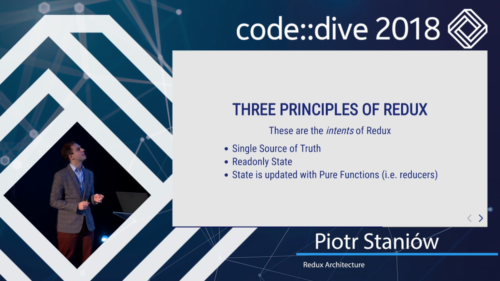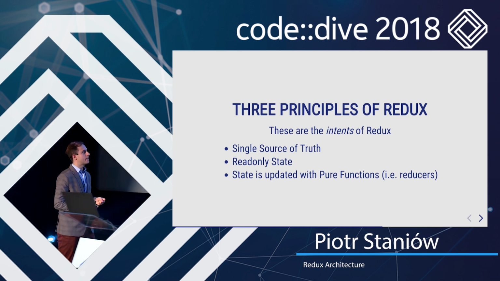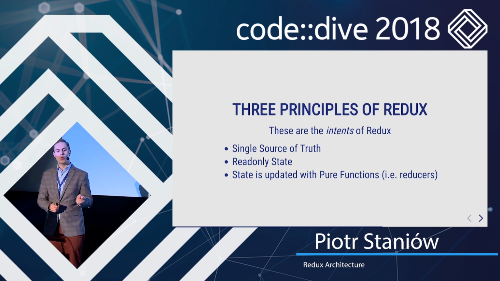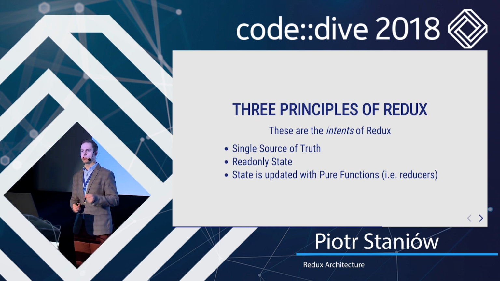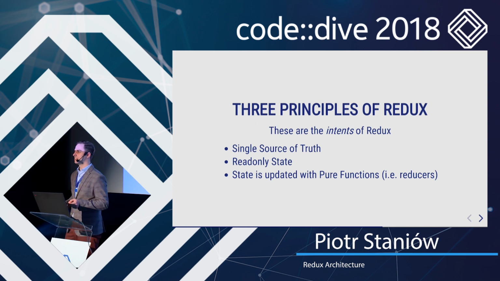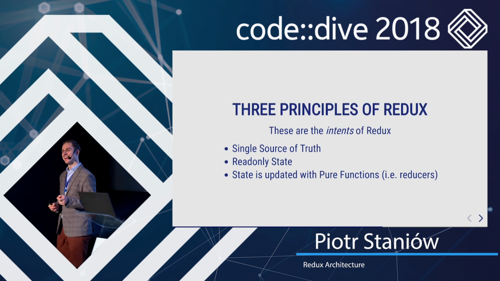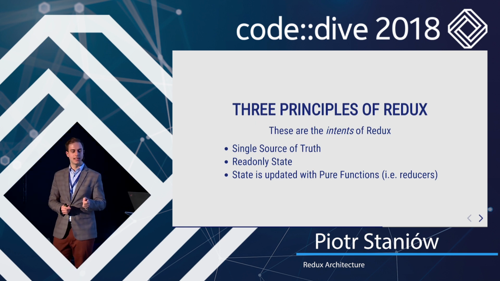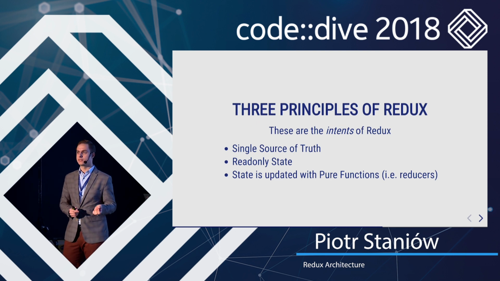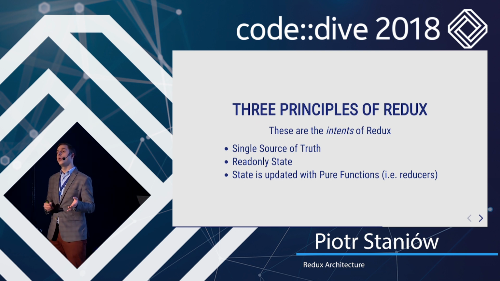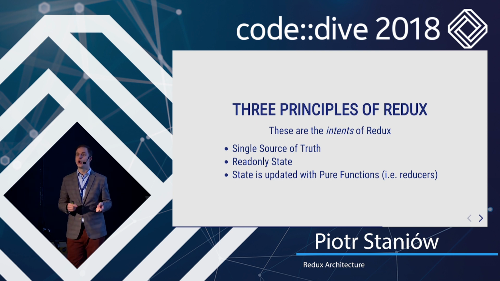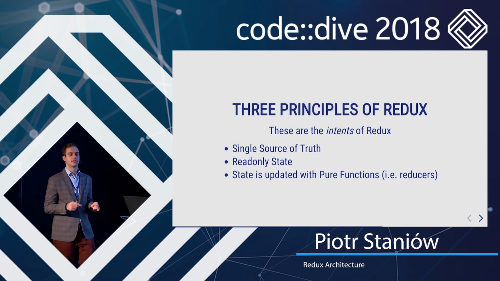The first principle is that an application that follows Redux architecture will have a single source of truth. It sounds kind of religious, doesn't it? It's a simple statement that tells you that all the information you need for your app, your application state, will be stored in a single object.